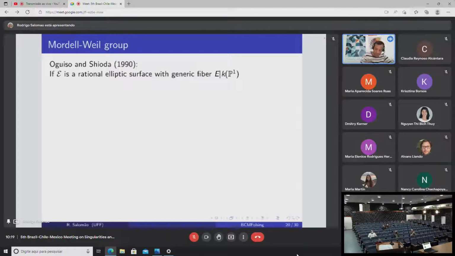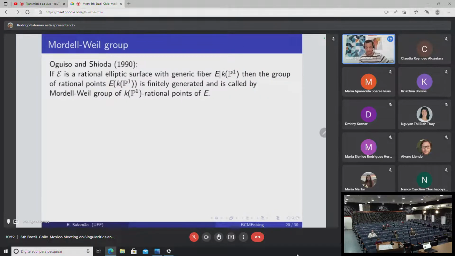So if we consider a rational elliptic surface and its generic fiber, we can look at the rational points of this generic fiber, and this is a group called Mordell-Weil group, and it's finitely generated, okay?